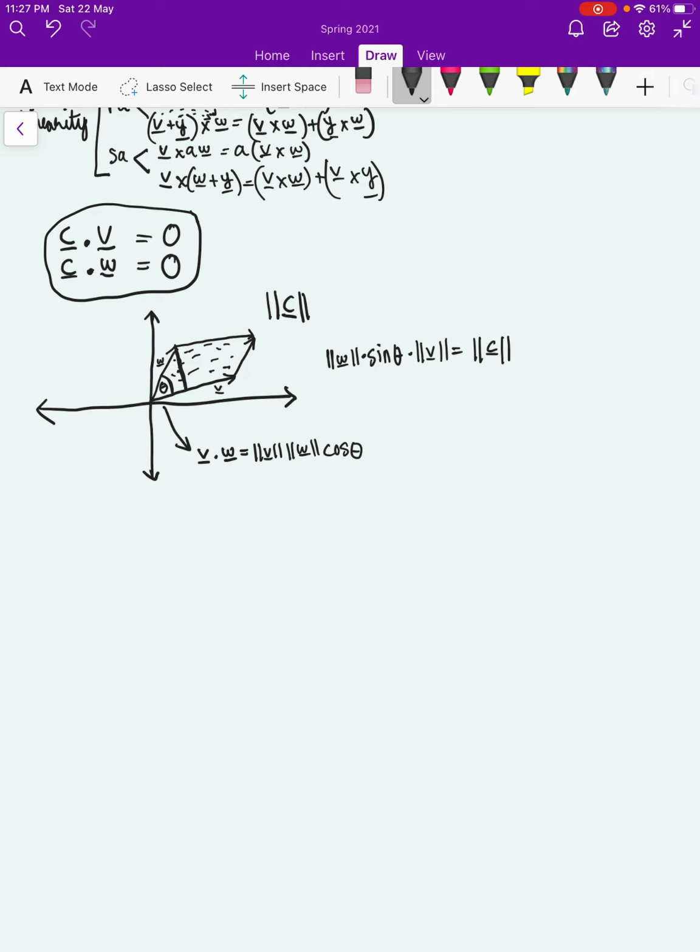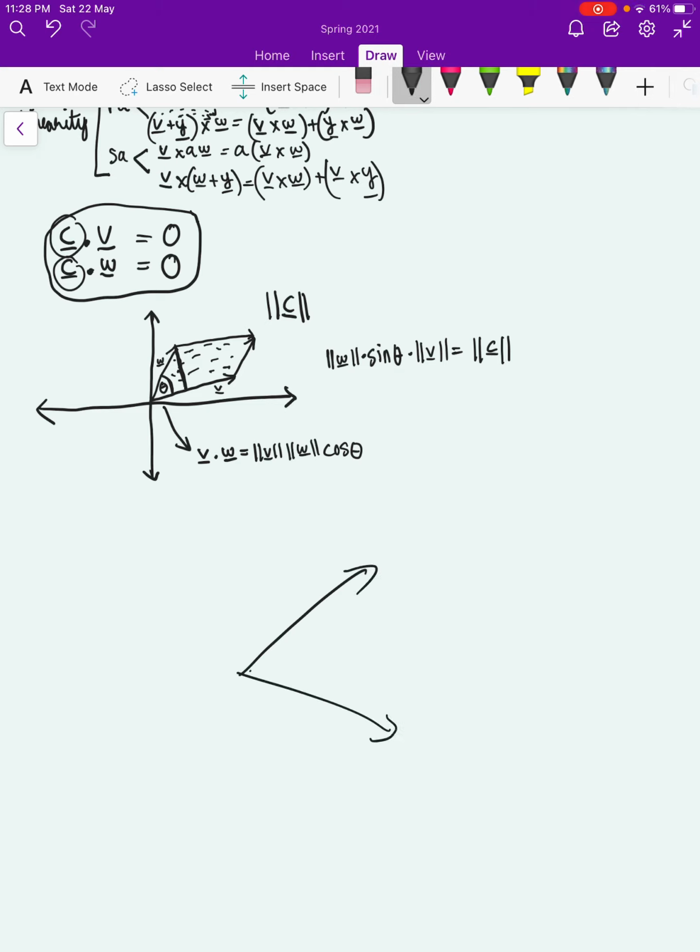So there's actually a rule where you can use your right hand to figure out whether or not the vector c goes up or down, because c is going to be orthogonal to both v and w, so it's going to be kind of like this.